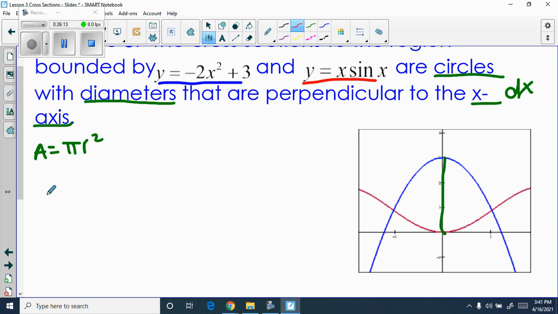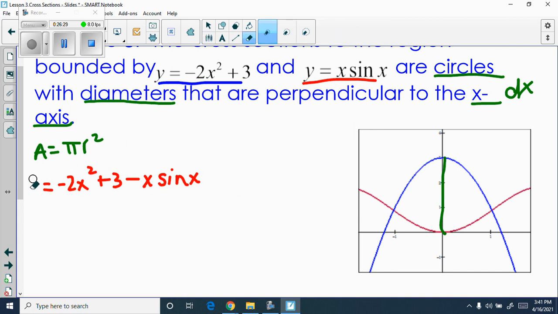So our r is equal to negative 2x squared plus 3 minus our red function, which is x sine of x. I take that back. That is not the radius. That is the diameter because it is a circle. And to get the radius, we're going to take half of that.